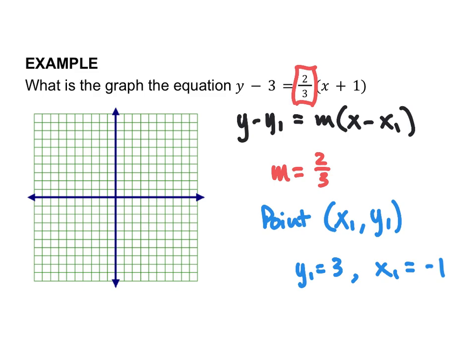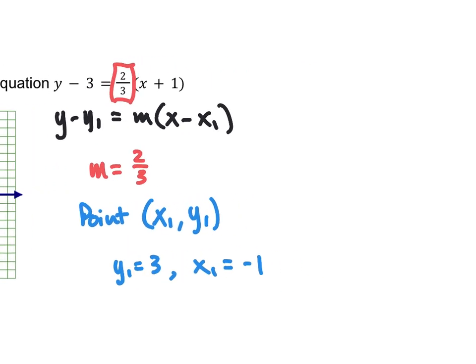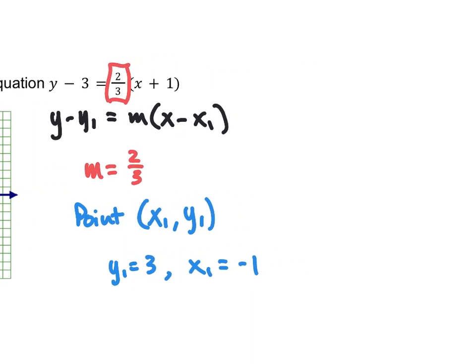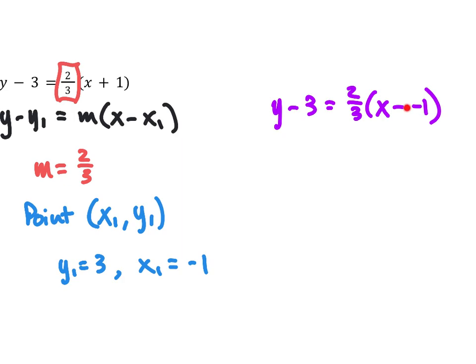And what I want you to see is that if I were to plug these values back into this formula, I would get y minus 3 is equal to 2/3 times x minus negative 1. So really, when you have x minus negative 1, this is going to change to y minus 3 is equal to 2/3 times x plus 1, okay?